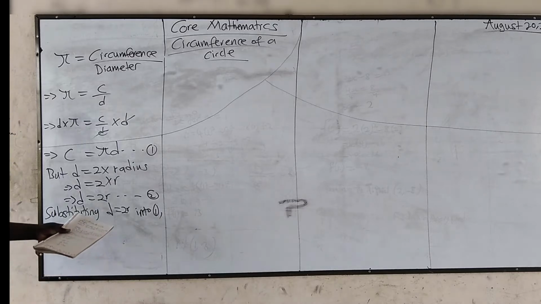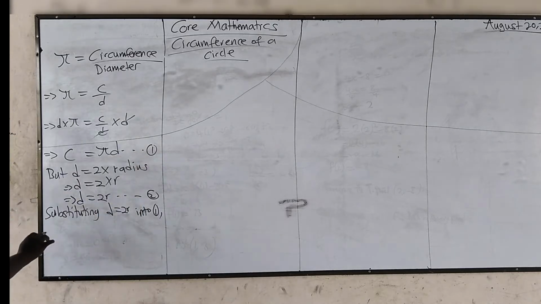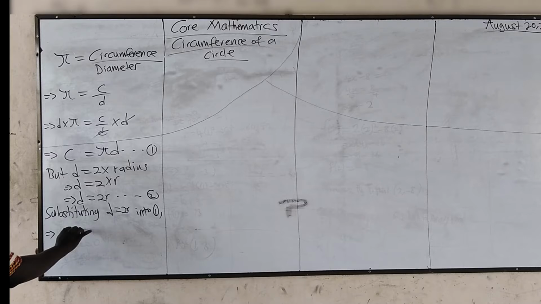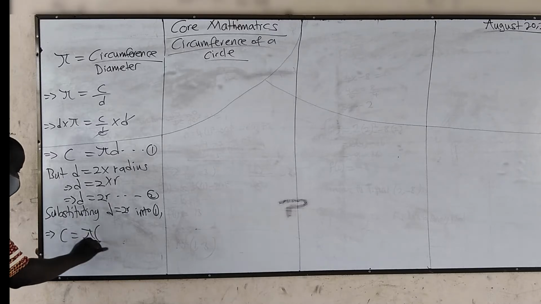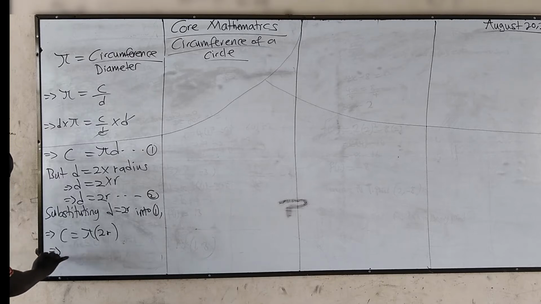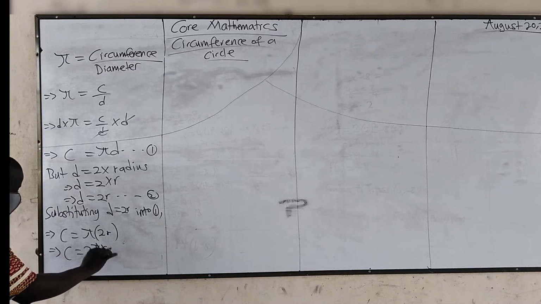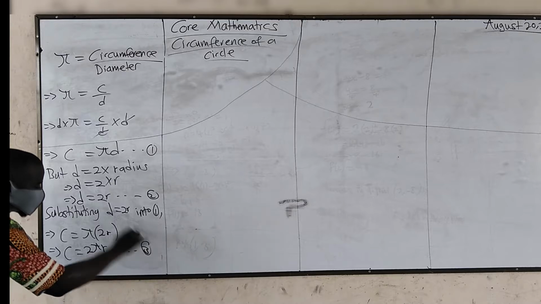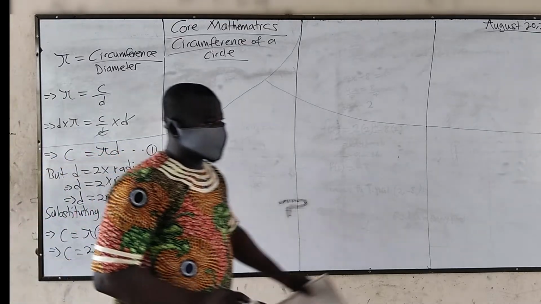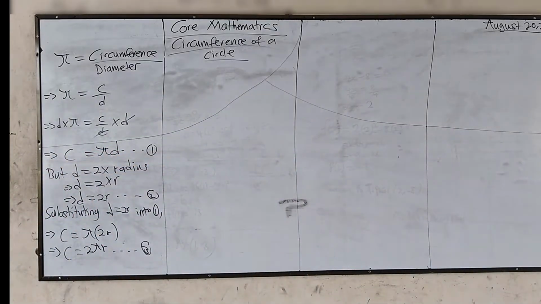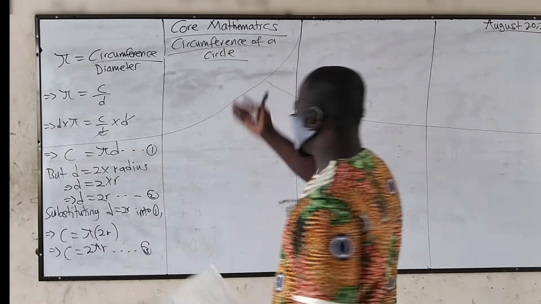So substituting d equals 2r into equation 1, what do you now have? Pi times 2r. Let's reorganize it: 2 pi r. And that is the third equation under circumferences of circles. So these are just some of the formulas you can use.